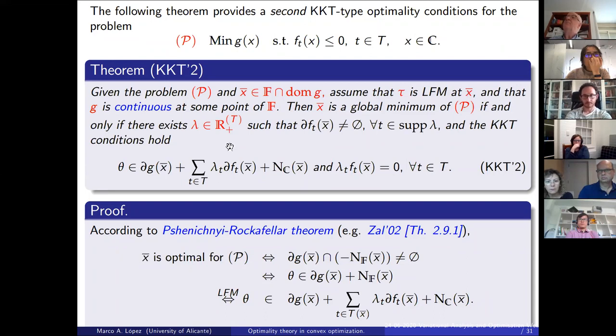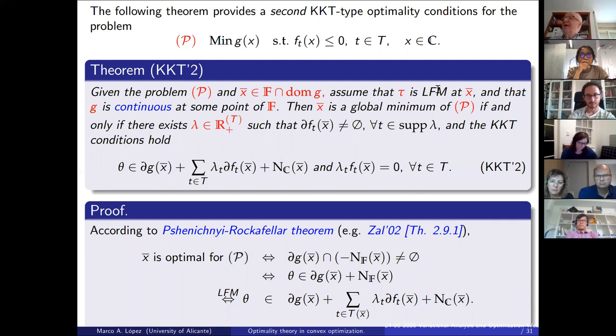Then X bar is a global optimum of P, but we are in convex optimization, if and only if there exists a finite number of positive multipliers verifying these constraints. It's the same, KKT2, the only difference being that we are using a weaker assumption, locally Farkas-Minkowski.